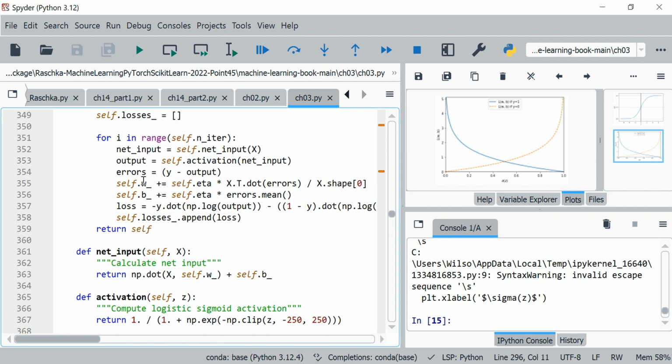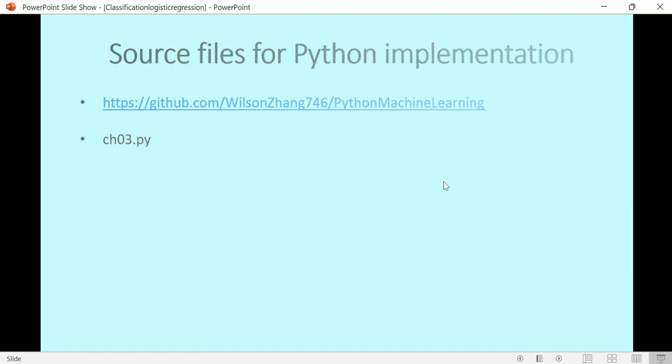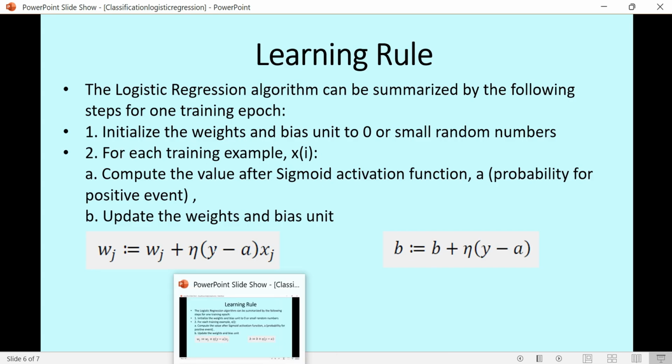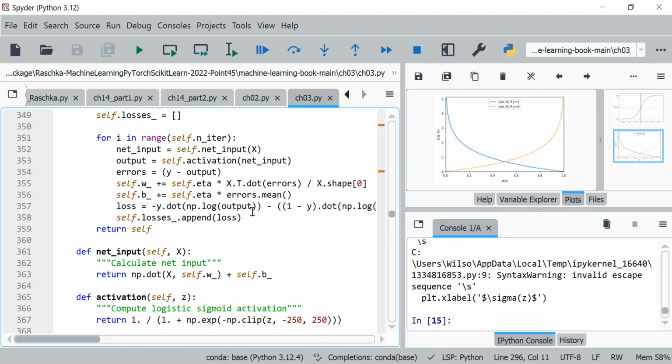So we get the activation, then the error is Y, the label, minus probability. So here, Y minus the probability from the activation. This is the result of the sigmoid, right? And of course, here Y is not one observation, it's for all the observations, so minus all the output from all the samples.